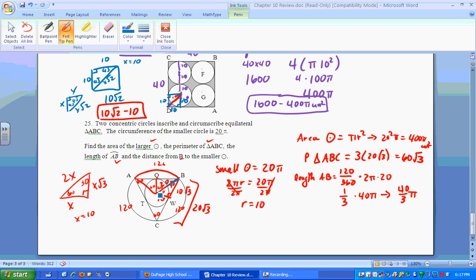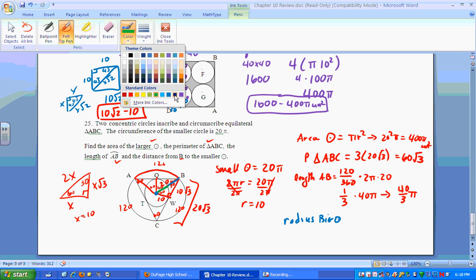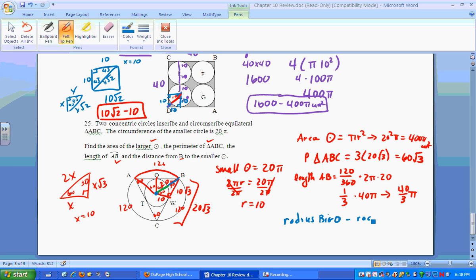Well, to me, you can't directly find it, but we can find from the center to B. Well, the center to B is the radius of the big circle. And then this piece right here, which I'll pick a different color, is the radius of the smaller circle. And what can we do with those? We can subtract them, and we would have the distance on the outside.